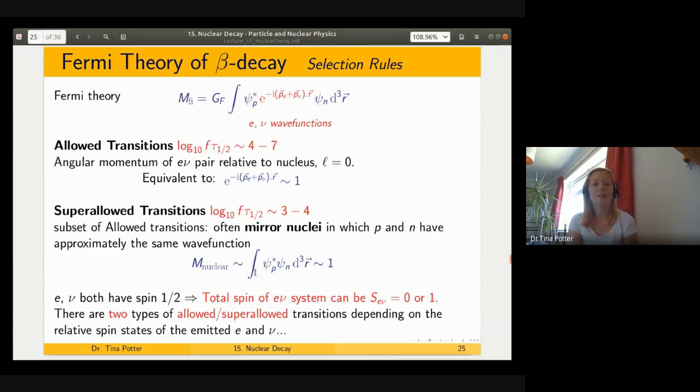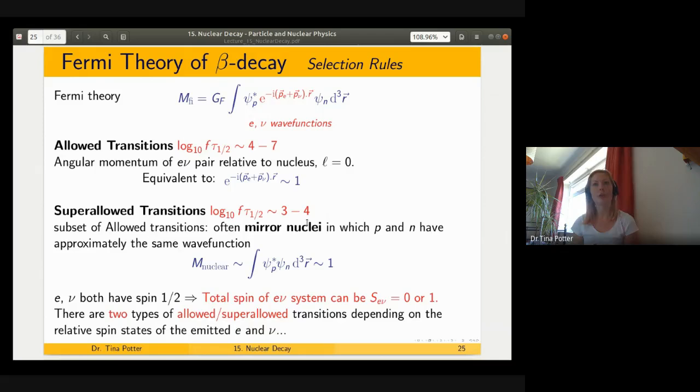And that means that the rest of the nuclear matrix element, not just this exponential here, is roughly 1 as well, if their wave functions pretty much overlap. Right, so it depends now on what kind of allowed and super allowed transitions we can have. It depends on the spin of the electron and neutrino system. They're both fermions, so they can be released with spin 0 or spin 1.